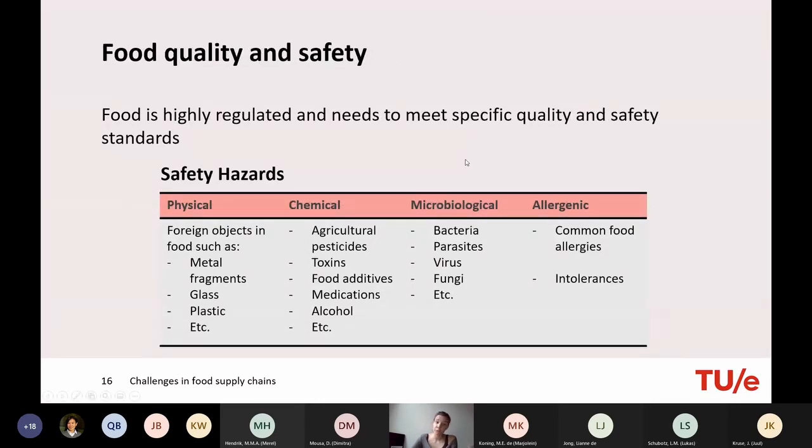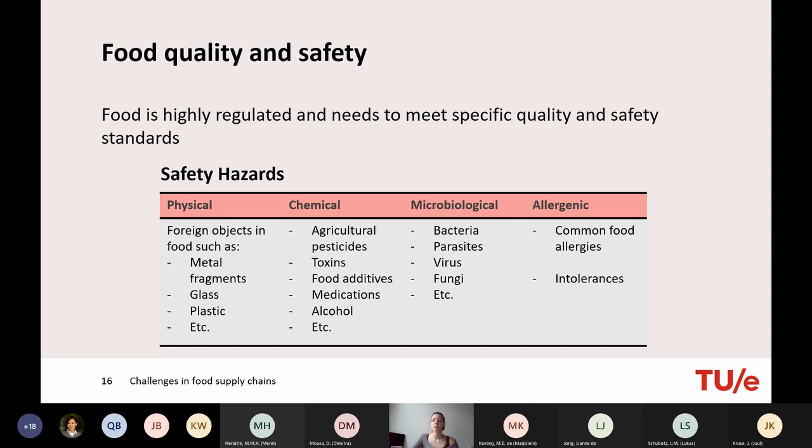With regards to the first aspect, food quality and safety, food is generally highly regulated and needs to meet specific quality and safety standards. And there are a number of safety hazards that we can consider. First of all, there can be physical safety hazards, such as foreign objects in food, which could be metal fragments, glass, plastic, and so on. All of this we want to avoid.